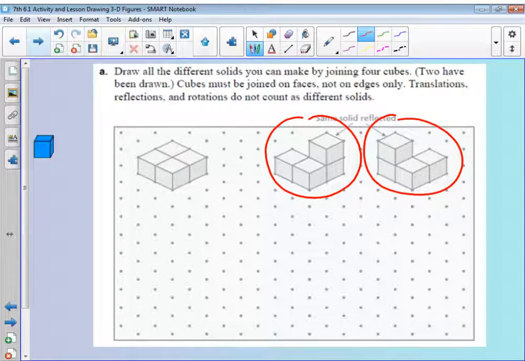But I could do something like this, where maybe I draw 1, 2, 3, 4 long. And like I said, I'm not very good at drawing on these, so I'm going to try my best.